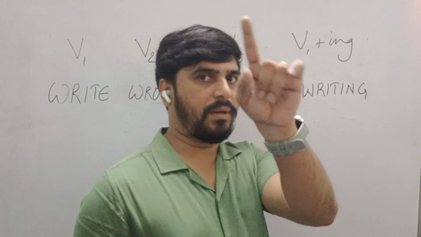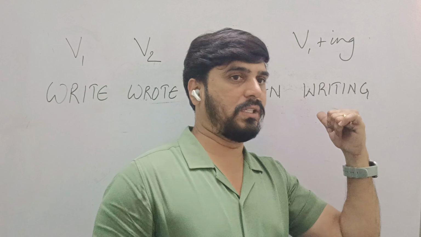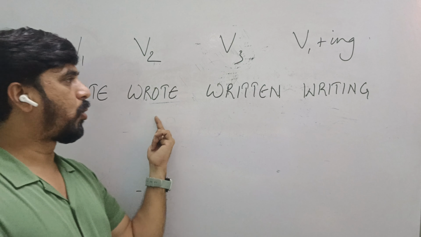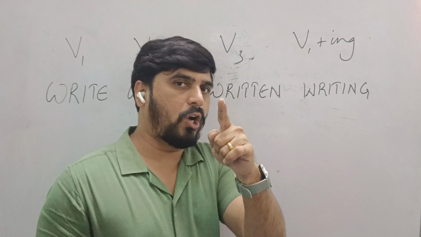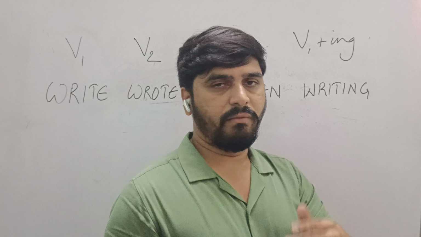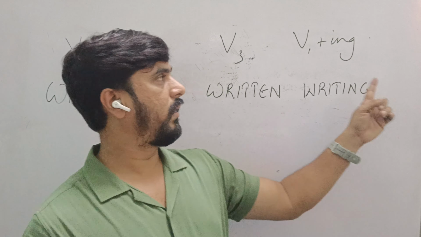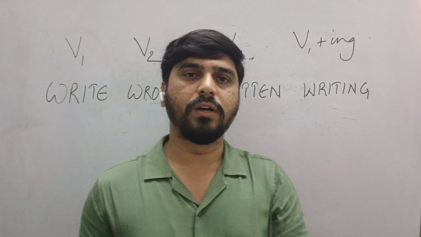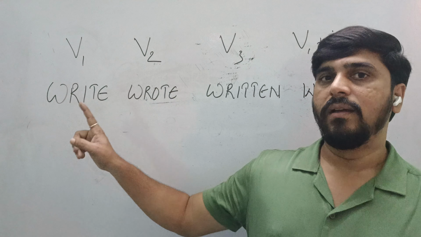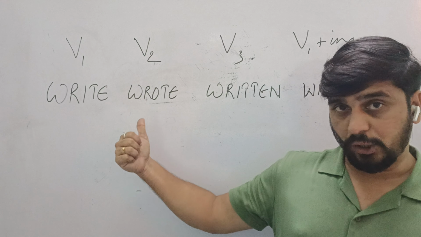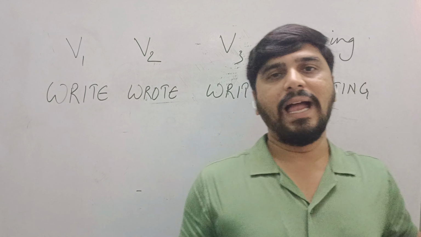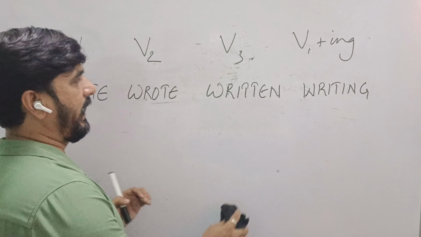Again, just one time repeat this and think what these words mean. Write, wrote, written, writing. Because next time when I am going to take the tenses, I am going to use V1, V2, V3 of the word write. Write is V1, wrote V2, written V3 and writing V1 ing.